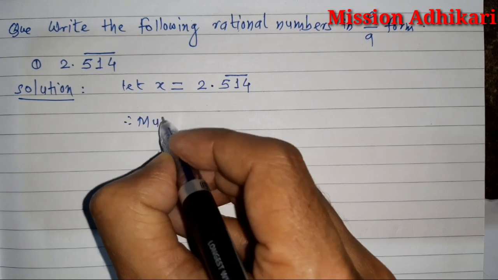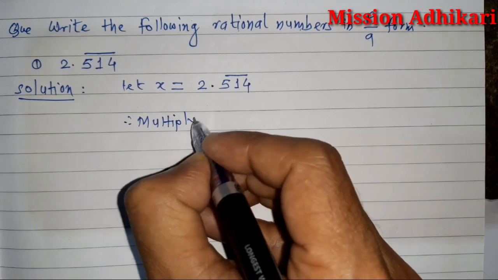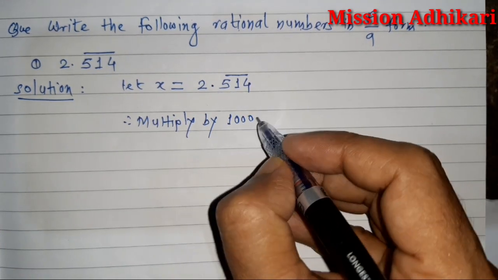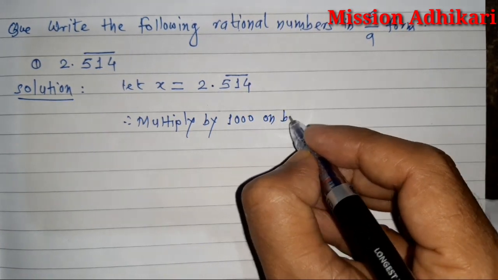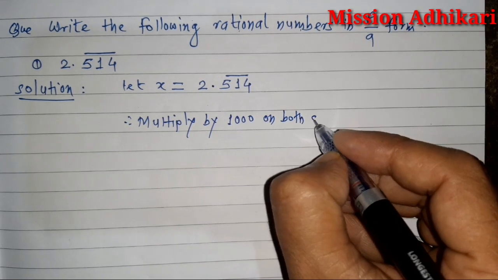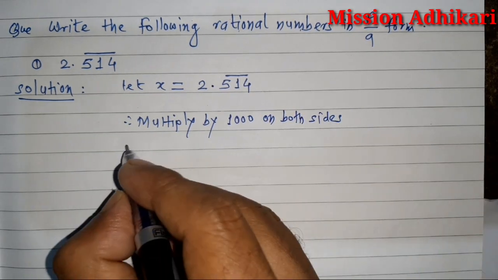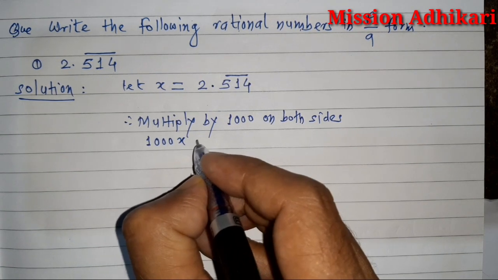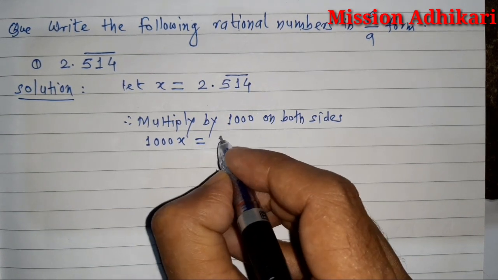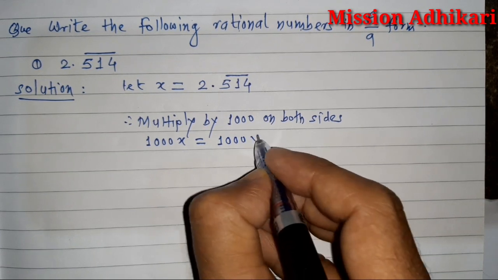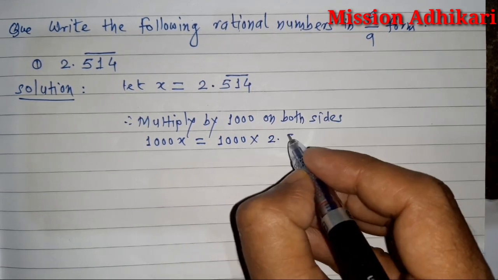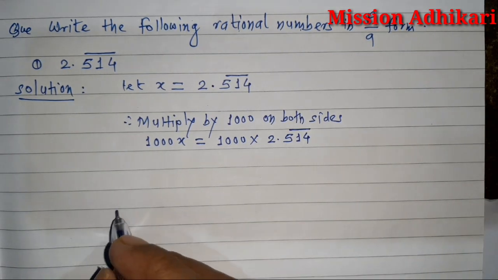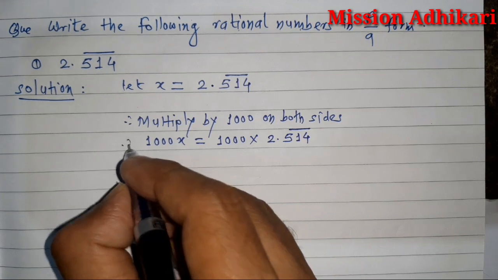Therefore, multiply by 1000 on both sides. What will you get? 1000x on the left hand side is equal to 1000 multiplied by 2.514 recurring.